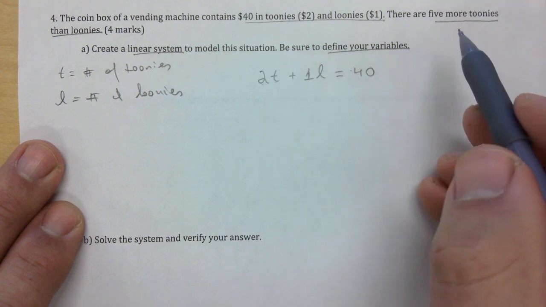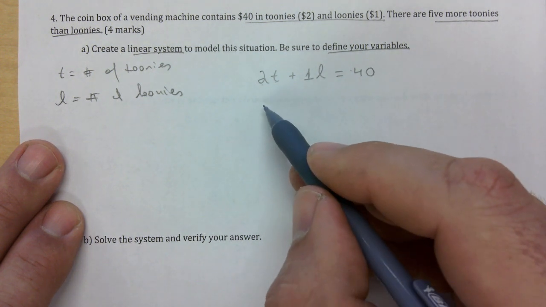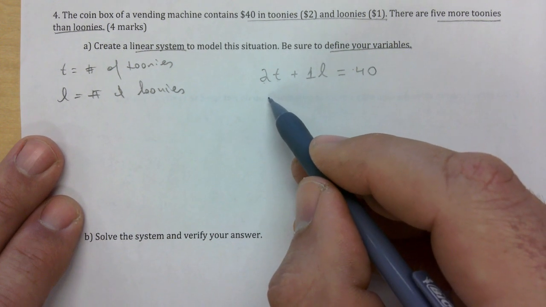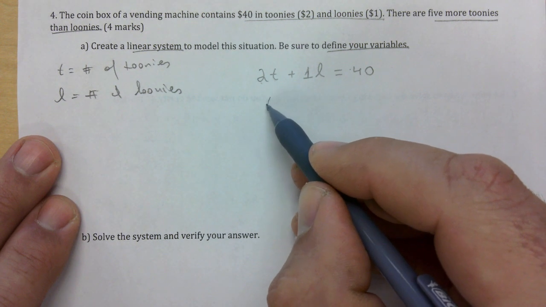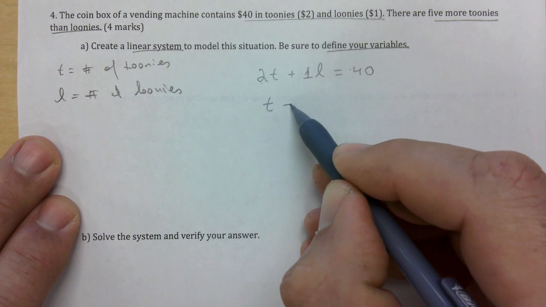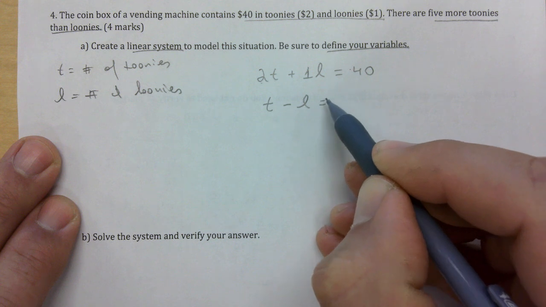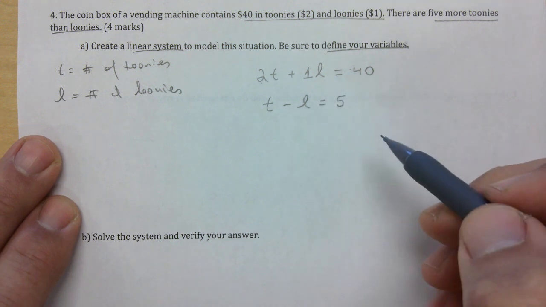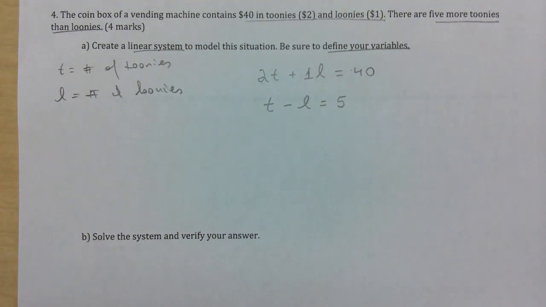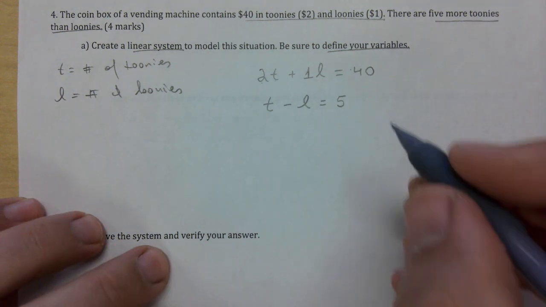And then the next one, there's 5 more toonies than loonies. You could have expressed that in several different ways. If you take the toonies and subtract the loonies from that amount, you should have 5, right? Because the number of toonies minus the number of loonies should be positive 5. The difference should be 5.